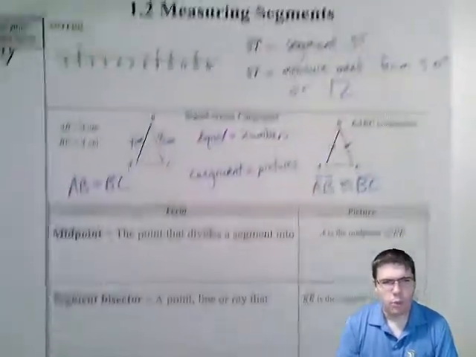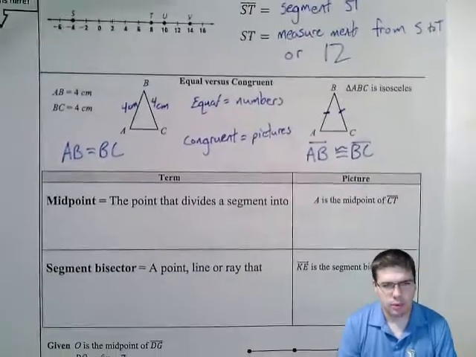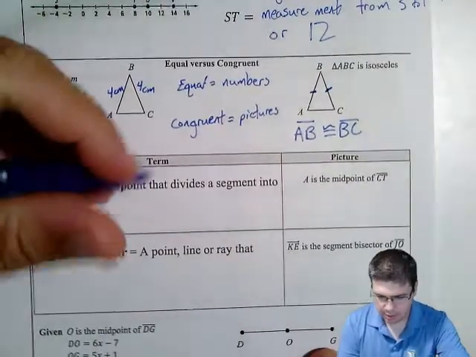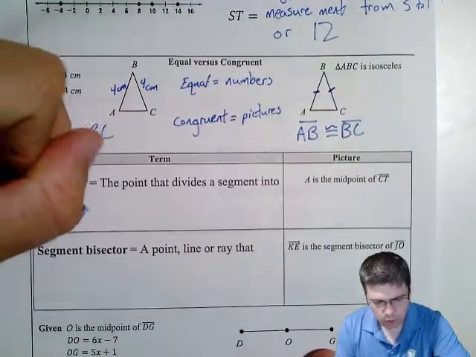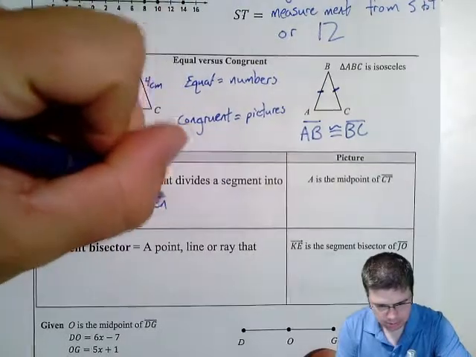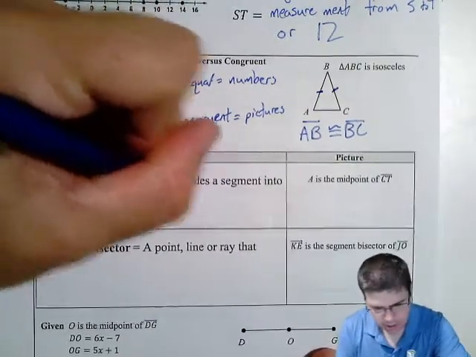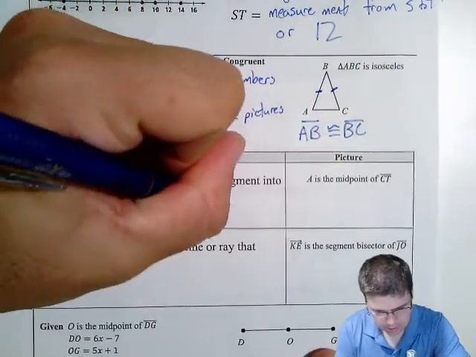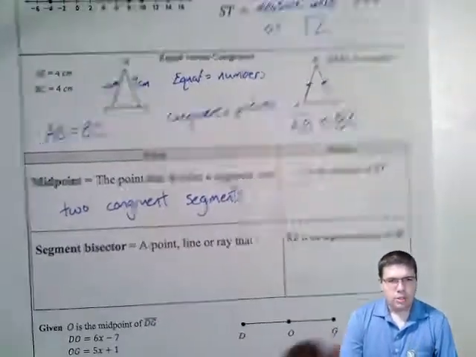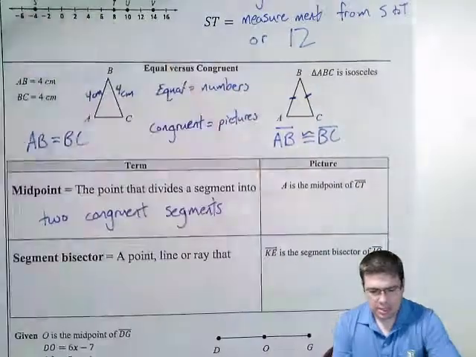All right, so with measuring segments, we can talk about the midpoint of a segment. That's the point that divides the segment into two congruent segments. So if we wanted to draw a picture of this, A is the midpoint of CT.